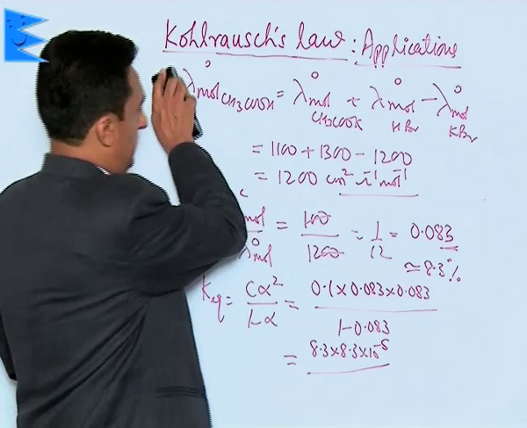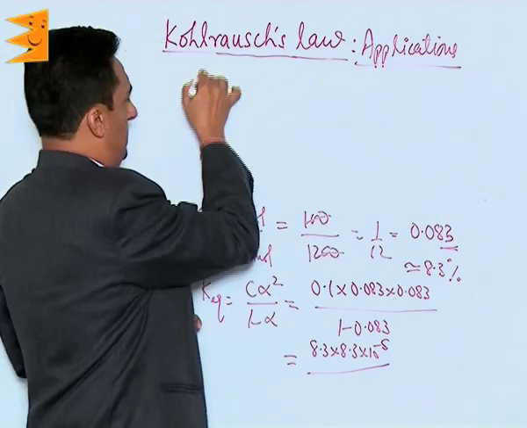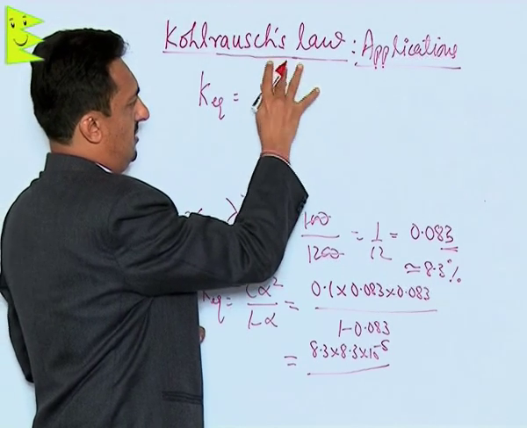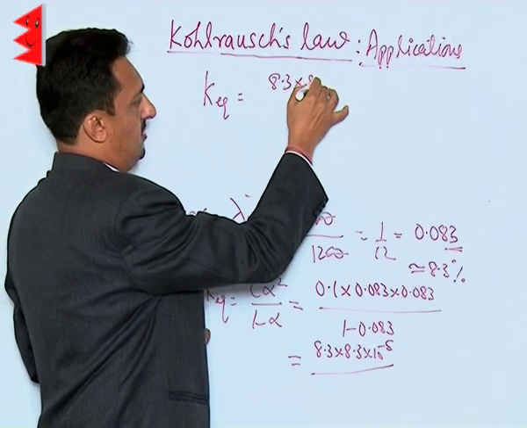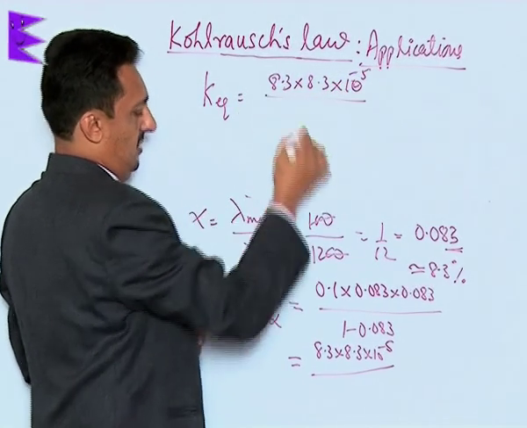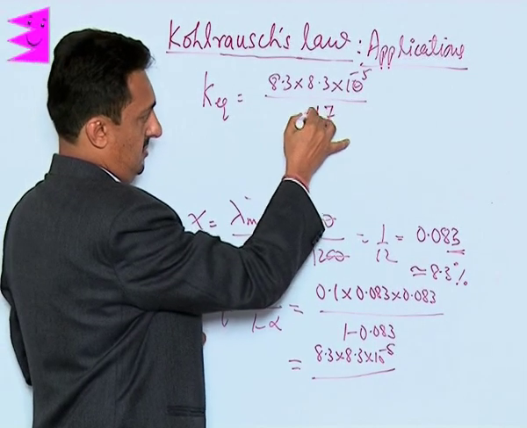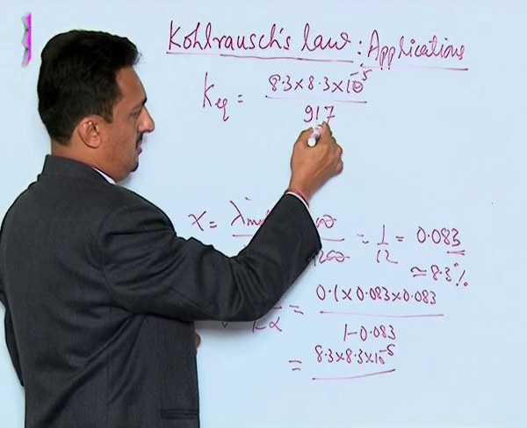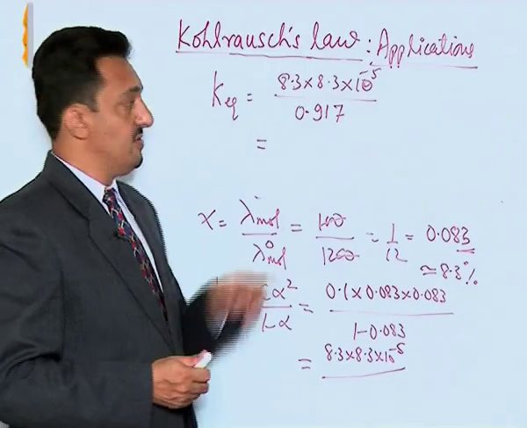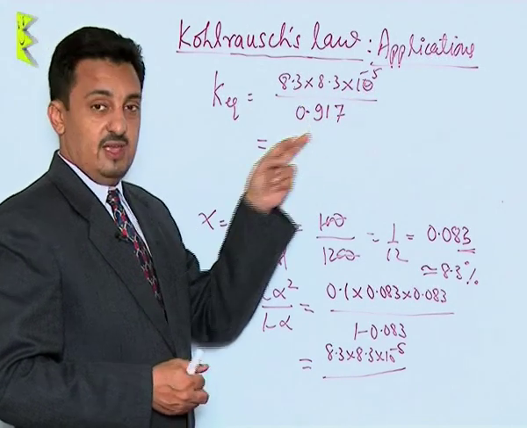You can write it here. So your equilibrium constant will be 8.3 into 8.3 into 10 to the power minus 5 upon 0.917.